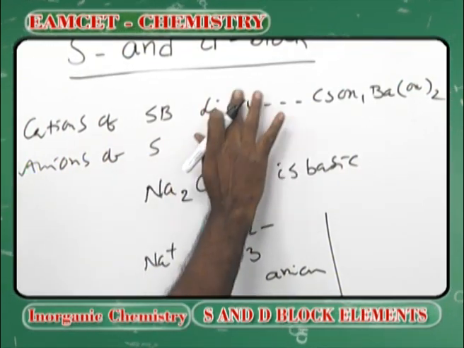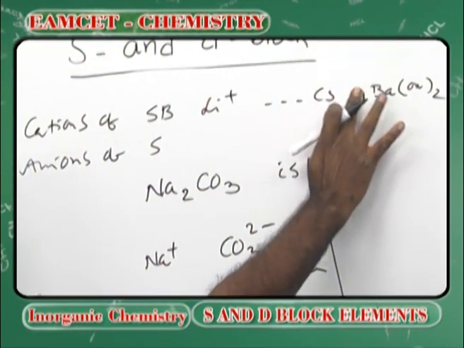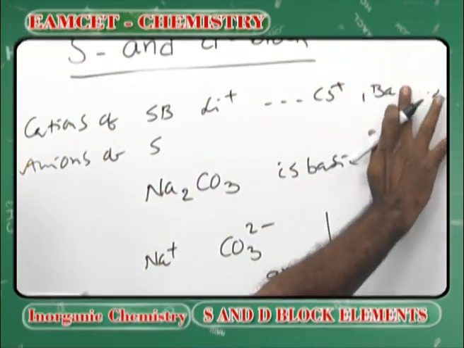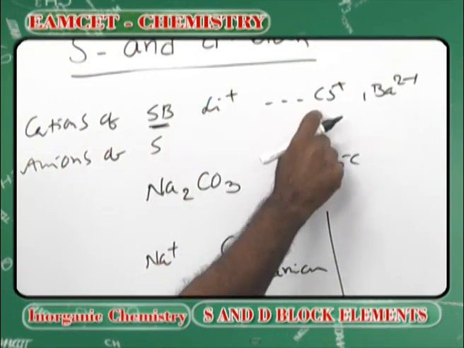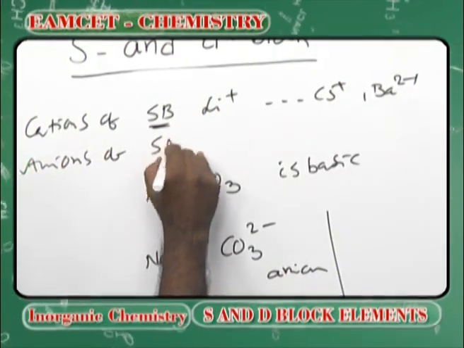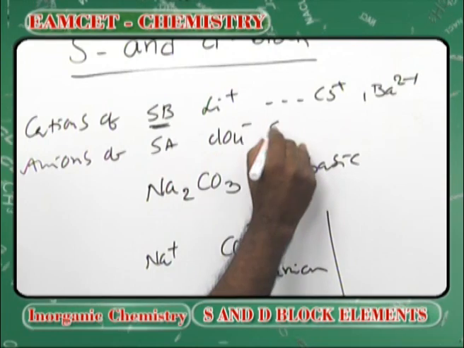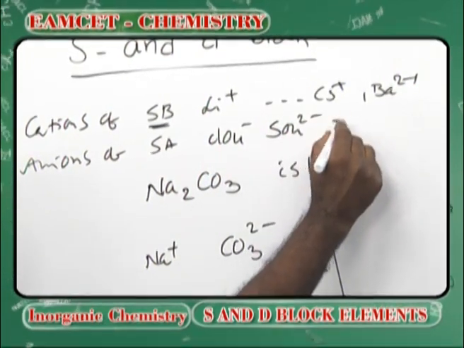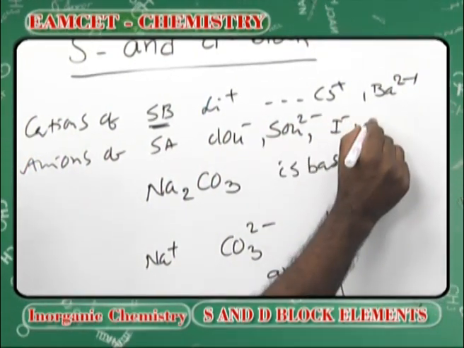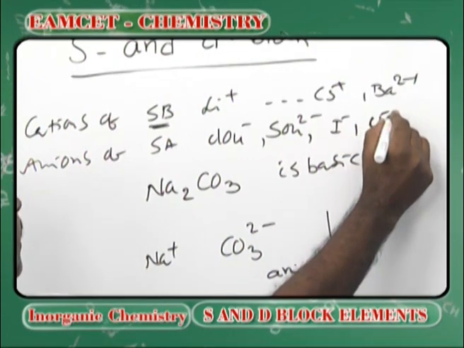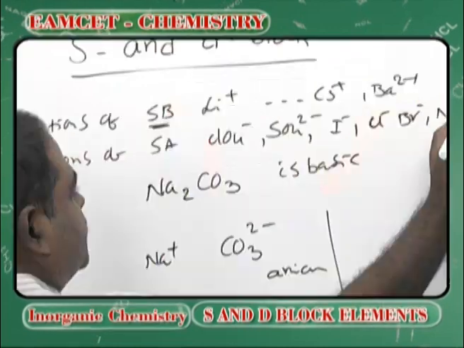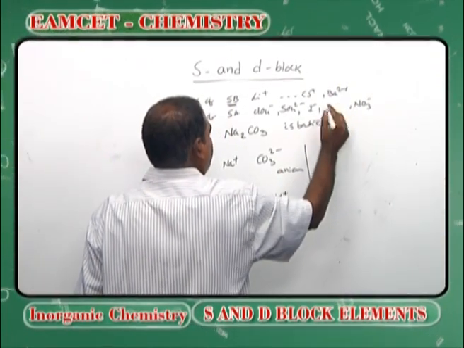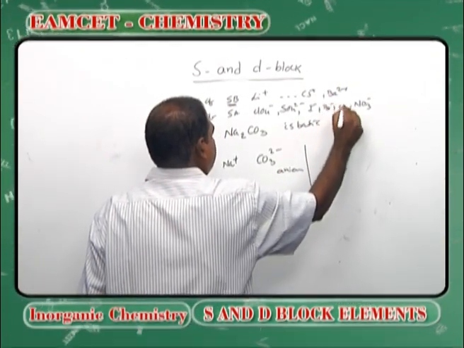So what are the cations? Li plus, Cs plus, Ba 2 plus. The cations of strong bases Li plus, Cs plus, Ba2 plus, and anions of strong acids perchlorate, sulfate, I minus, Cl minus, Br minus and NO3 minus.